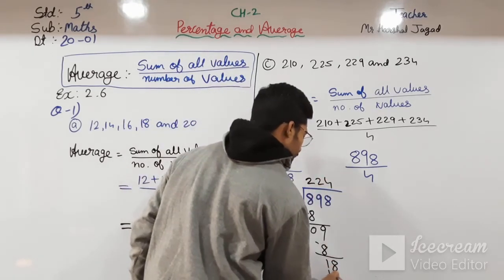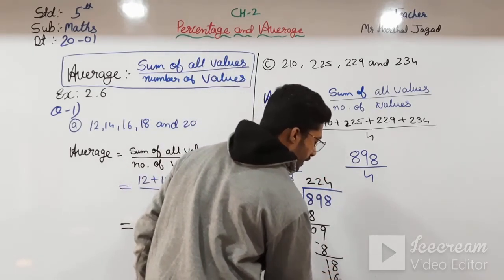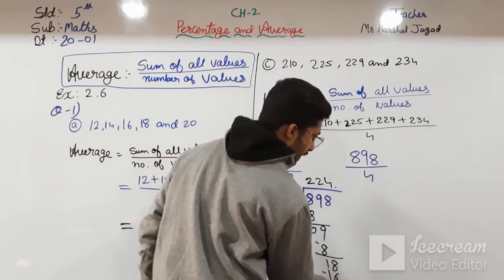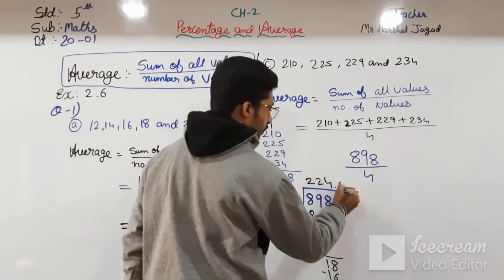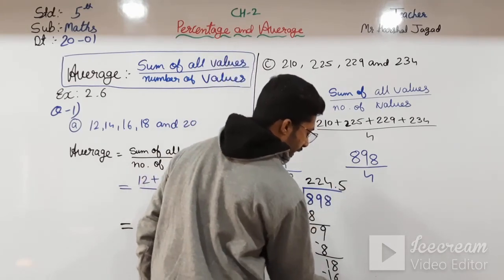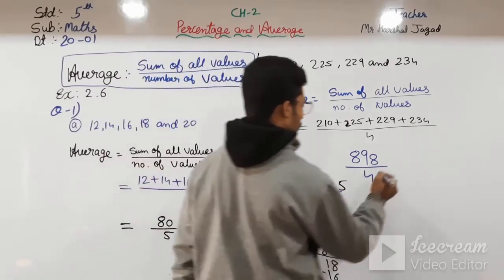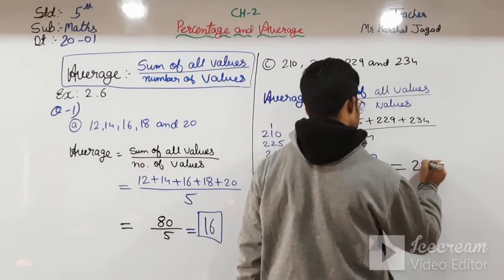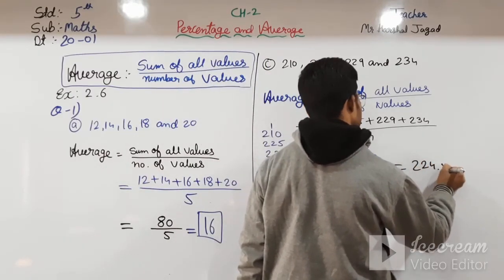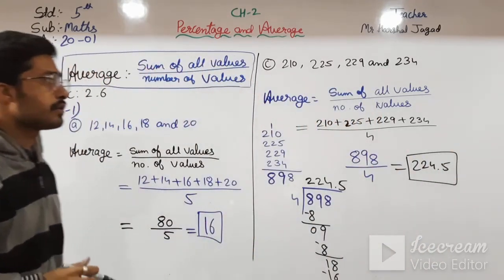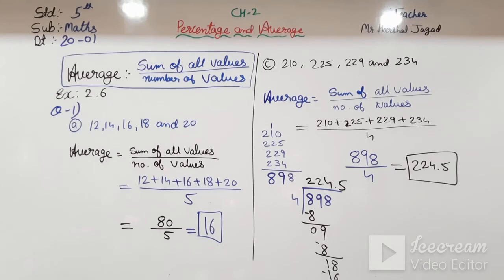Here remains 2, and if I put a point over here and 0, 4 fives are 20. So here we have got our average, that is 224.5. This is our average. Please note down this, students.